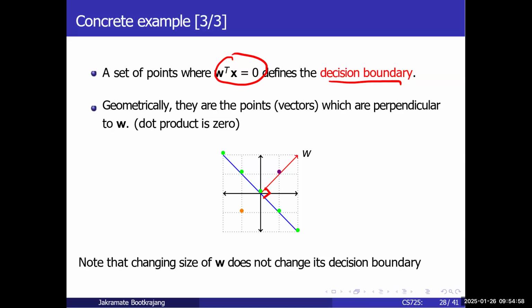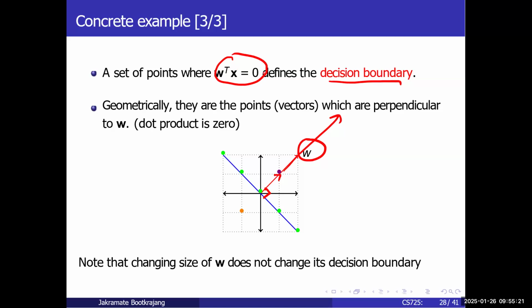Another thing to note is that the size of W does not change the decision boundary. It doesn't matter if you have a very small W or a very big W. As long as it points in the same direction, you will have the same decision boundary, because it only cares about the dot product.